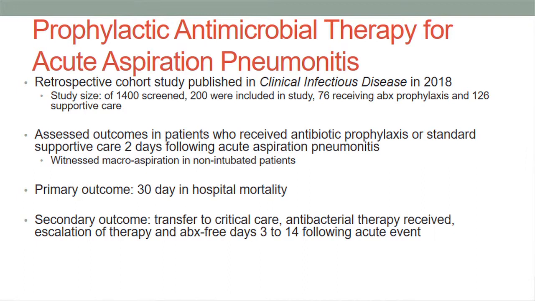And the primary outcome that they were looking at was 30-day in-hospital mortality, and secondary outcomes included transfer to critical care, antibacterial therapy received, whether or not they needed escalation of therapy, and how many antibiotic-free days they had following the acute event, looking from days 3 to 14.